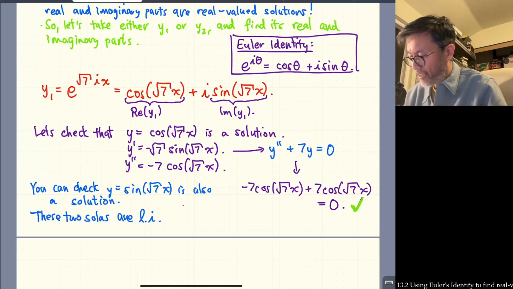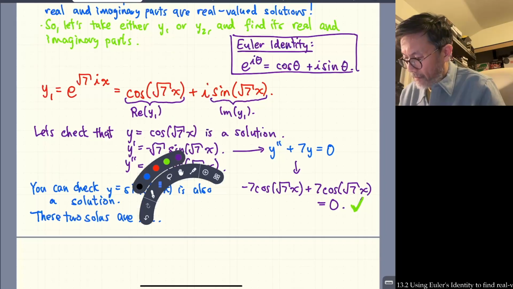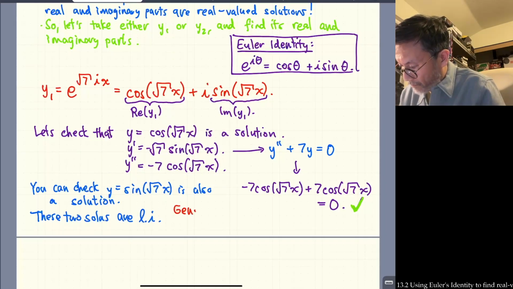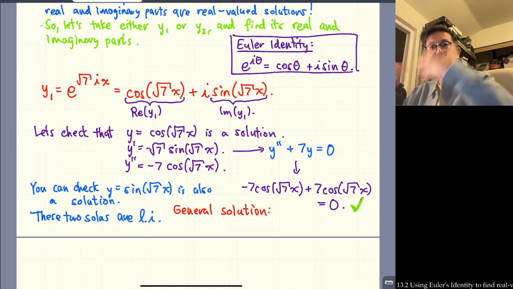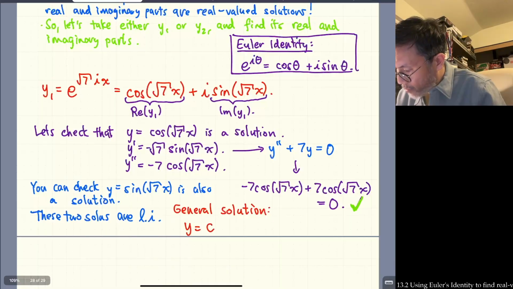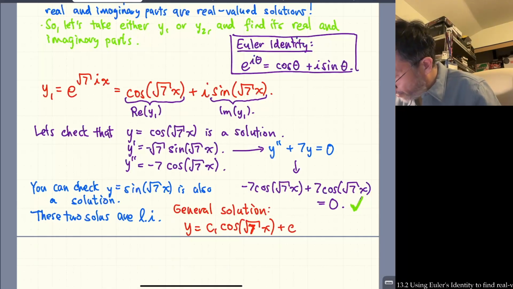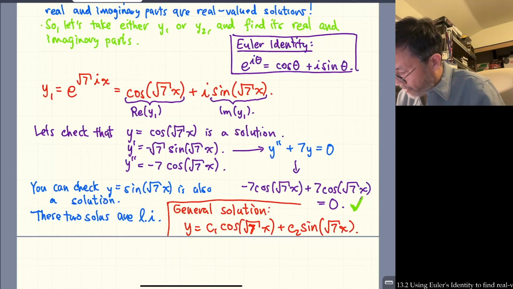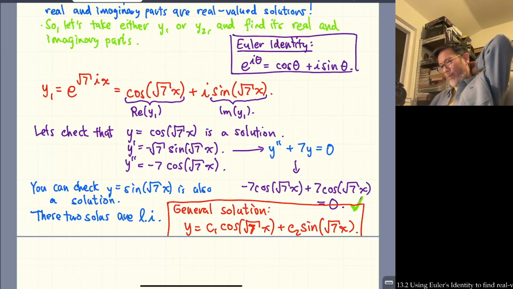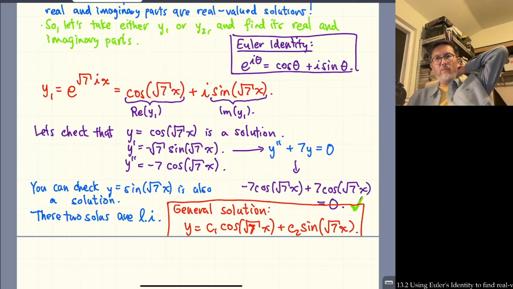This means that the general solution to my differential equation is a superposition of these two solutions. It's y equals c1 times cosine of square root of 7 times x plus c2 times sine of square root of 7 times x. Every solution to this differential equation can be written in this form for some c1 and c2.